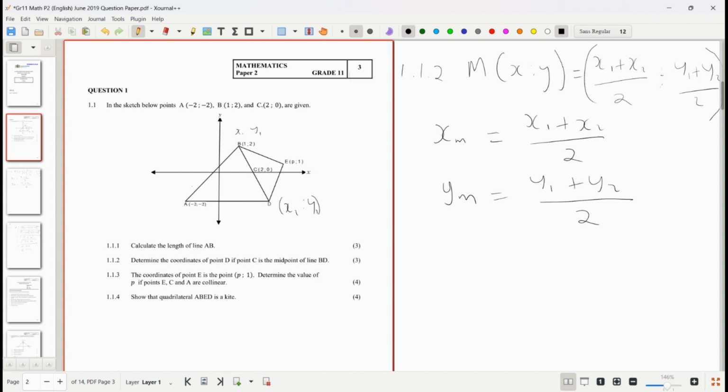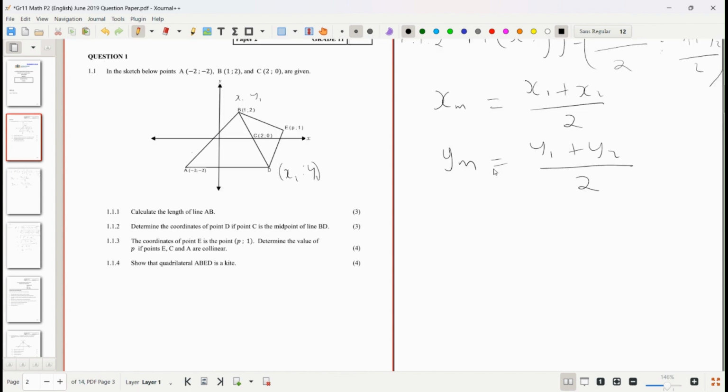So we need to substitute everything into this equation here. So let's substitute with what we're given. What are we given? Do we know the x coordinate of the midpoint? Yes, it's 2. So 2 will equal x1 plus x2.